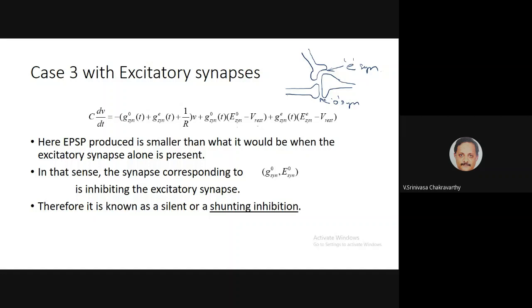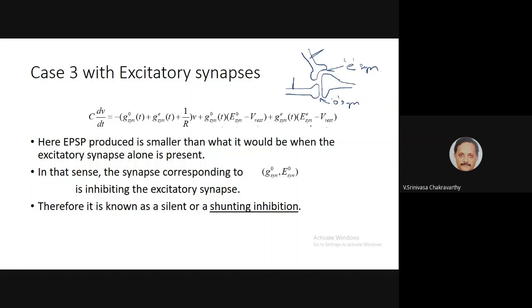Then you can model the total current going to the postsynaptic side. Let us assume that both of these inputs or axons fire at the same time. Then there is a pulse current due to the zero synapse and another pulse of current due to the excitatory synapse. If you combine this, this term will go to 0, no effect. So this term is like the standard excitatory input.